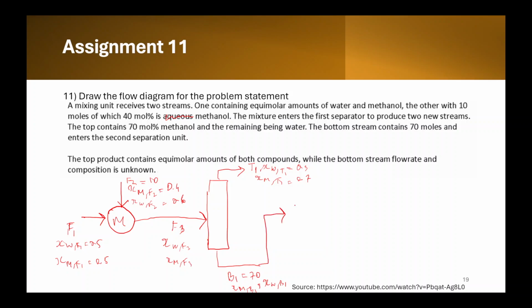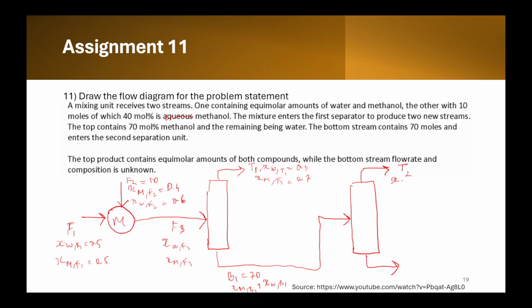So the bottom stream again enters another separator, leaving some space because there is some text here. So it enters the second separation unit. Again it may have two streams, I'm assuming. The top product contains equimolar amounts of both compounds. Again no flow rate is given here, so T2, and equimolar amounts of both compounds.